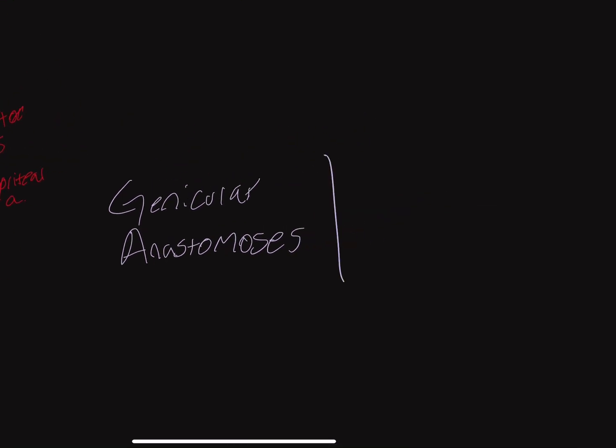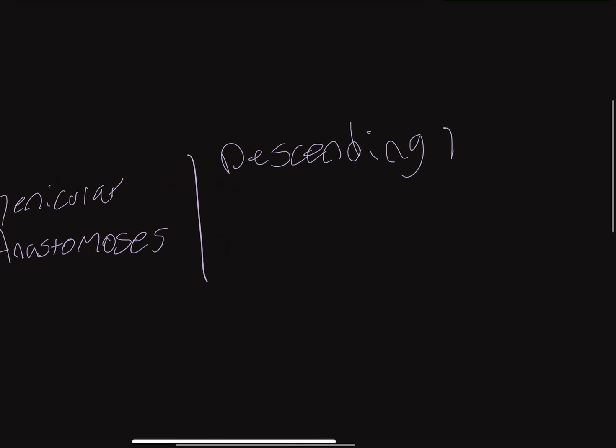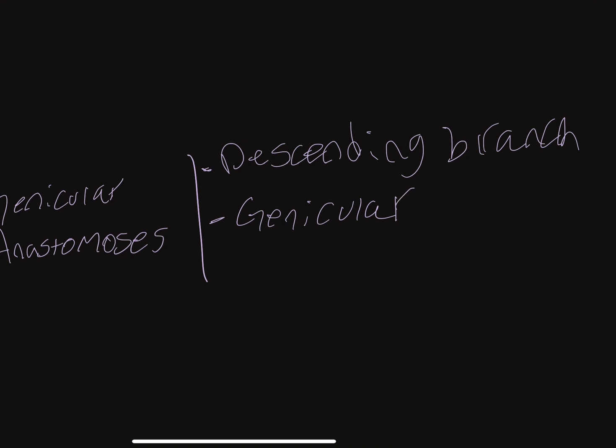It's going to have that descending branch from the lateral femoral circumflex, right? It's going to have the genicular branches, or the genicular arteries that come off of the popliteal.